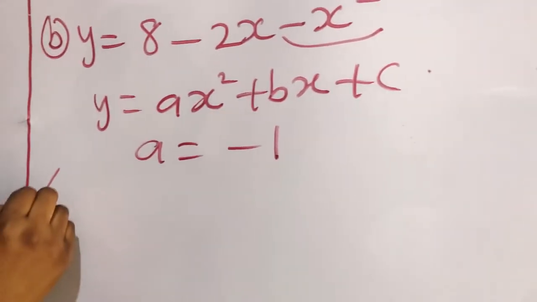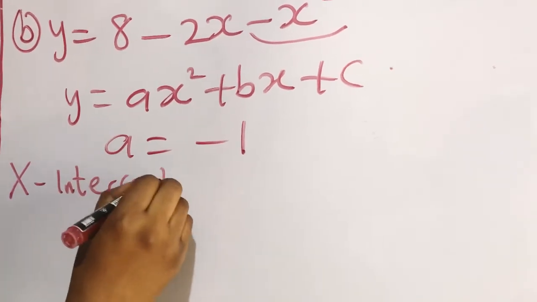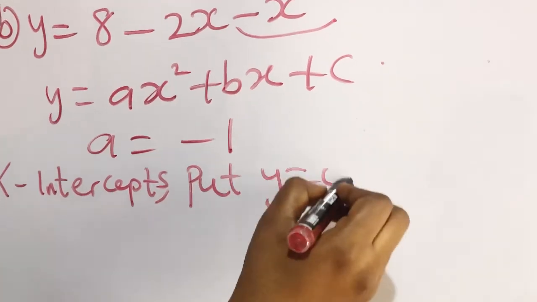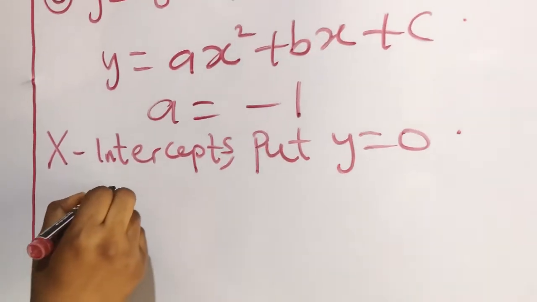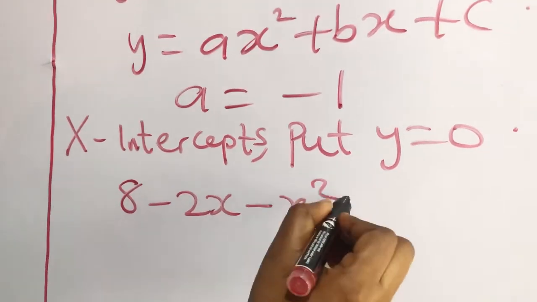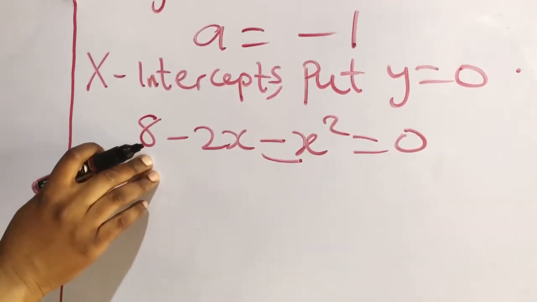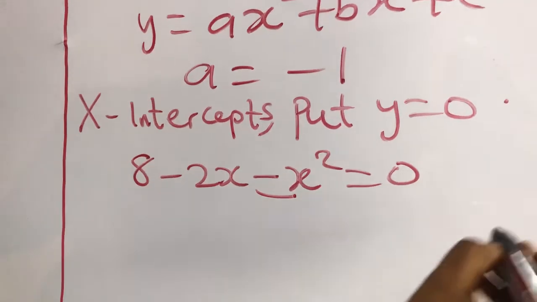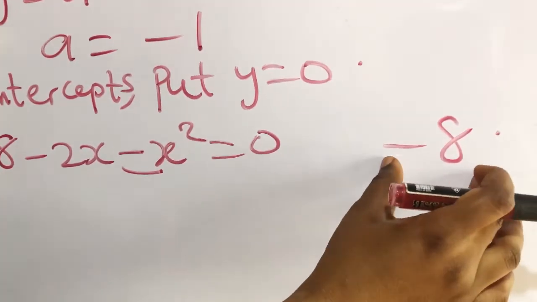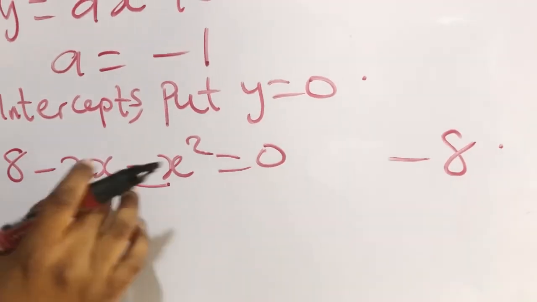Now to find the x-intercept, put y to be equal to 0 and solve the corresponding equation. So 8 minus 2x minus x squared is equal to 0. If you multiply the coefficient of x squared by the constant, which is plus 8, we're going to have minus 8. So look for 2 factors of minus 8. If you add the 2 factors together, you must have minus 2.